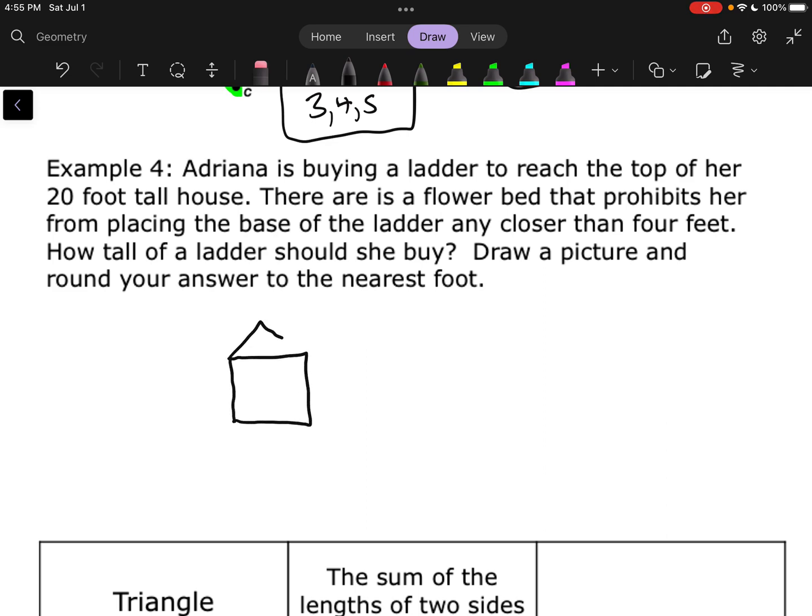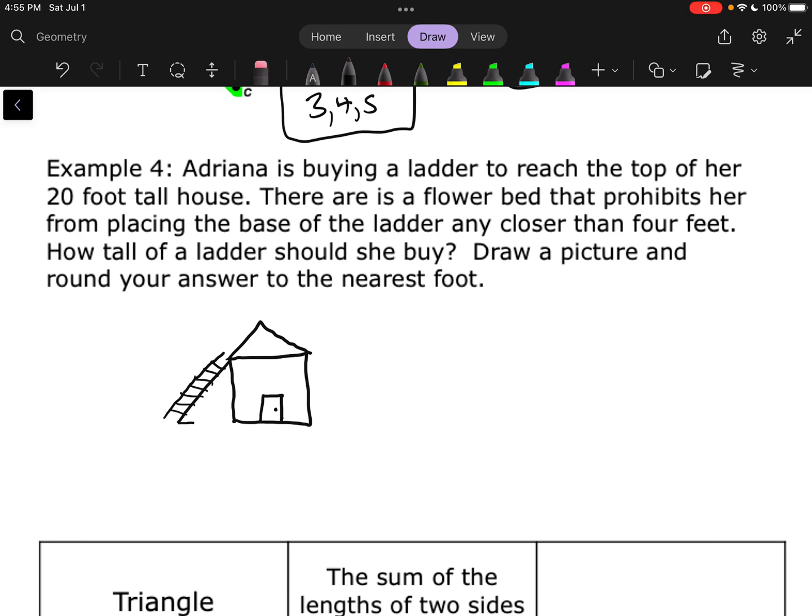So we got a house. This is my house. And we're trying to get a ladder that can reach the top of the house. And there's this flower bed.